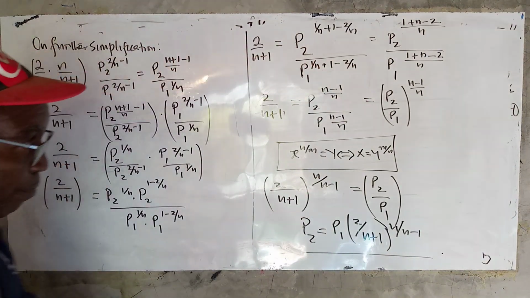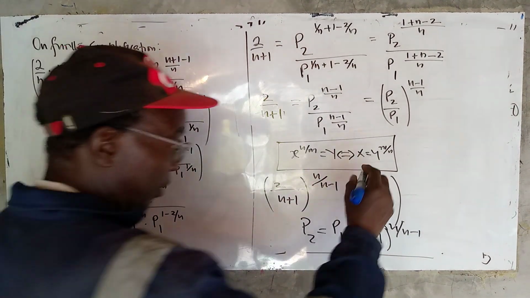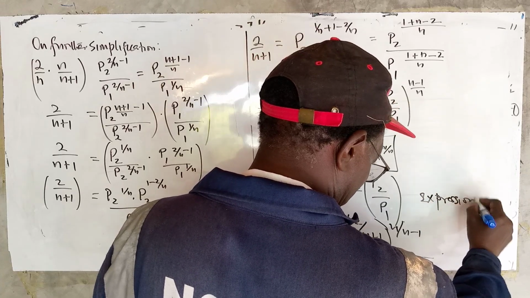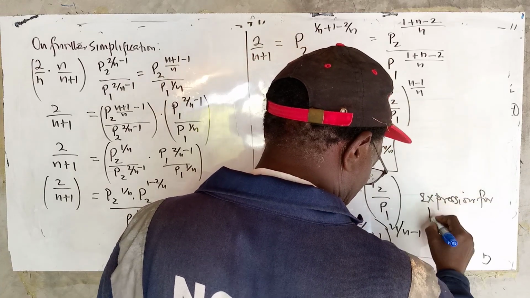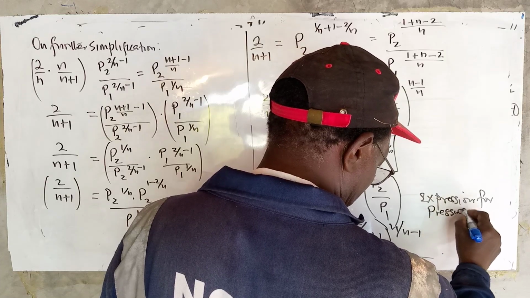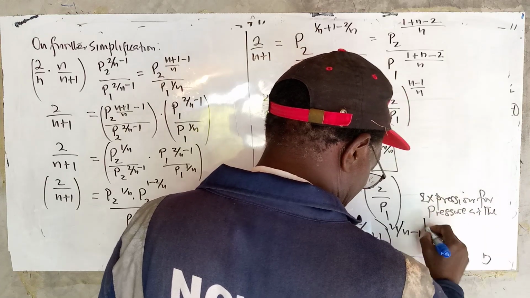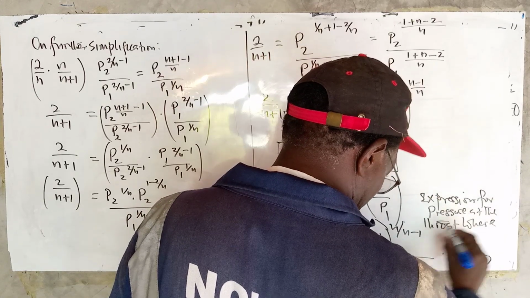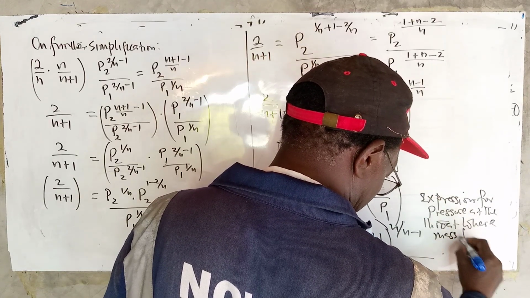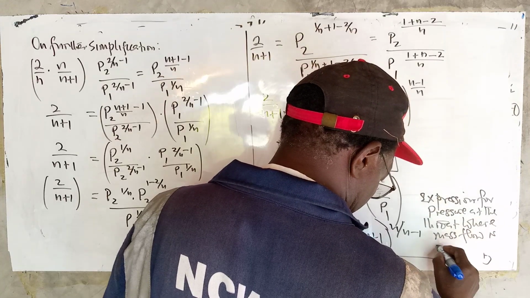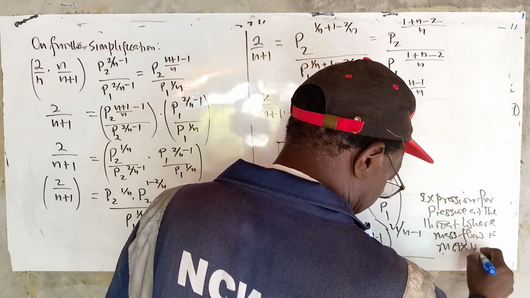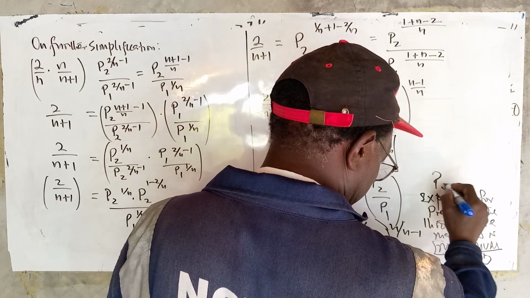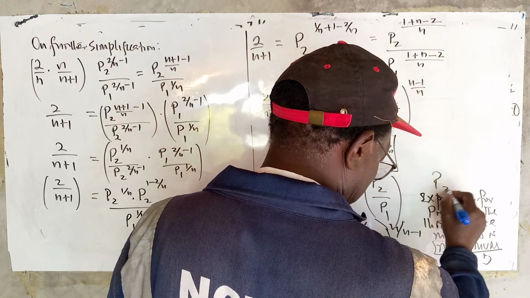That's the expression for pressure at the throat, where mass flow is maximum. That's the expression for pressure. P2 is this.